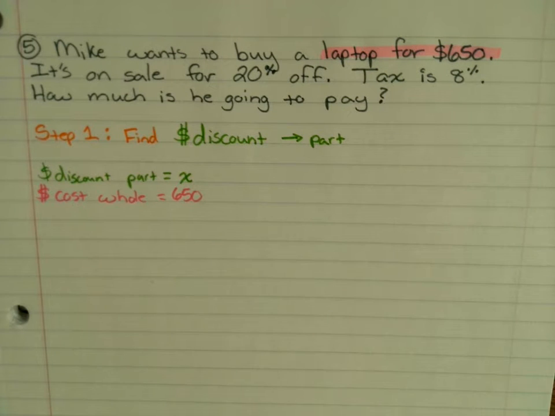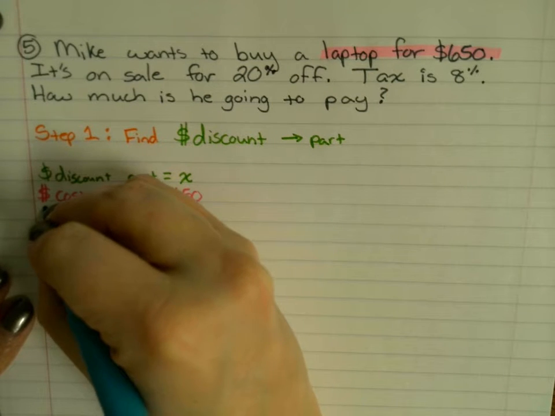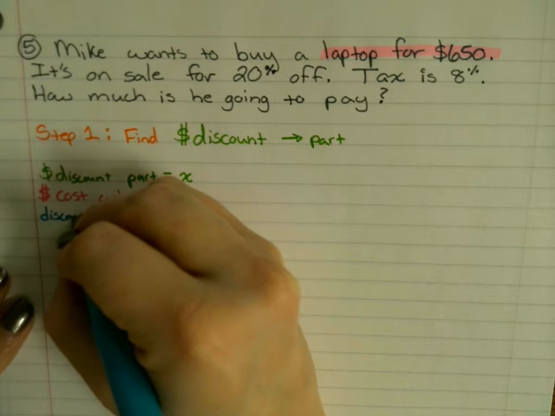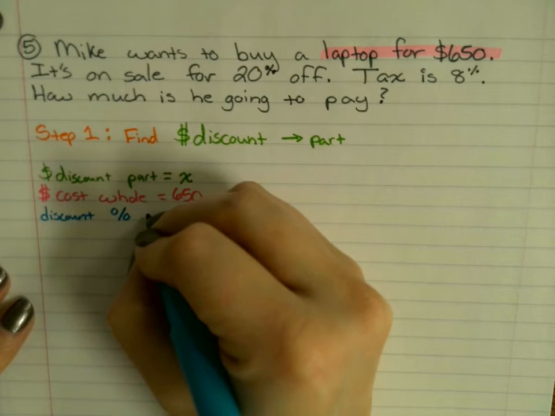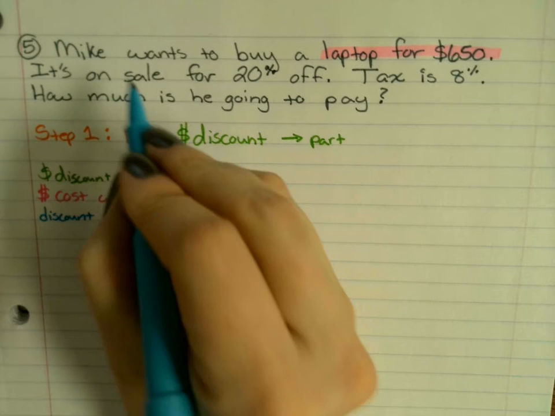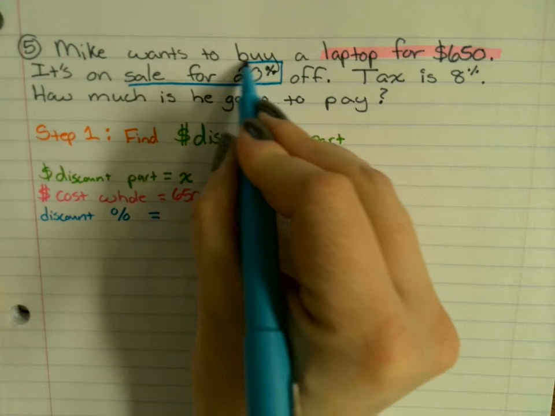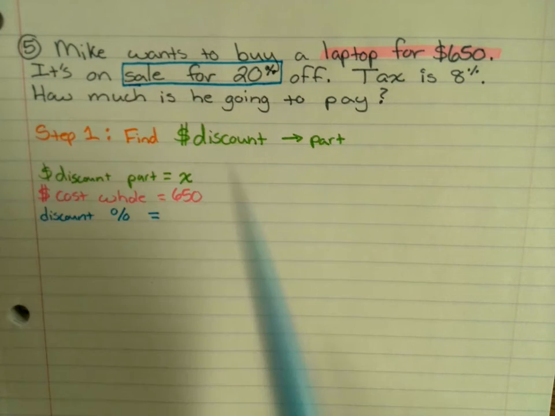Currently, I know that the discount percent is how much? What's my discount's percent? 20. My discount's percent is 20 because it says it's on sale for 20% off. It's on sale for 20% off.